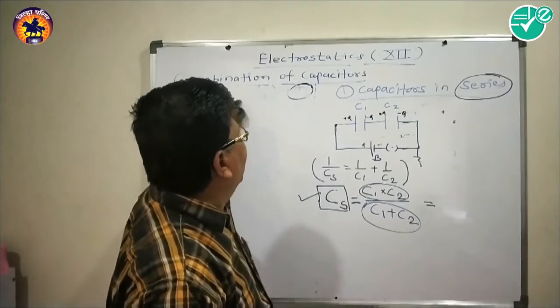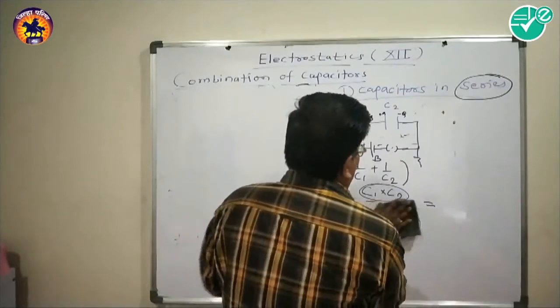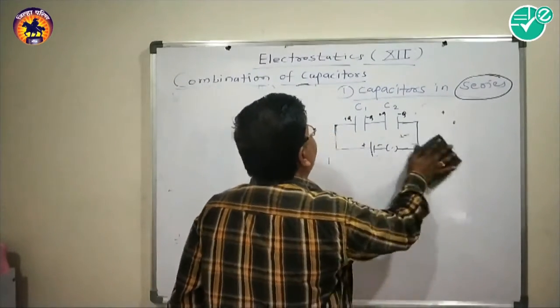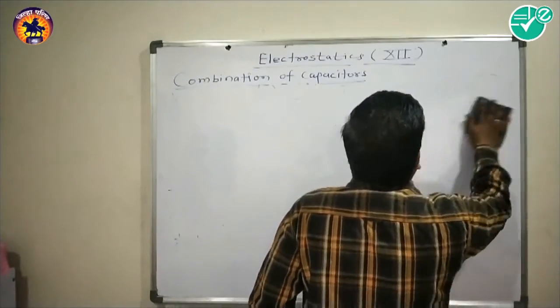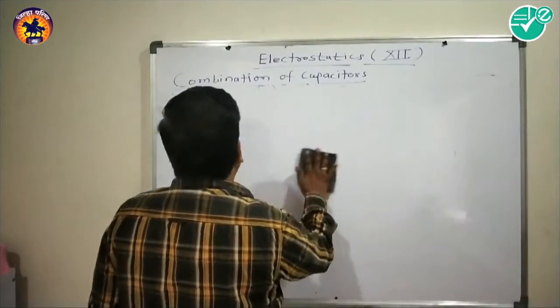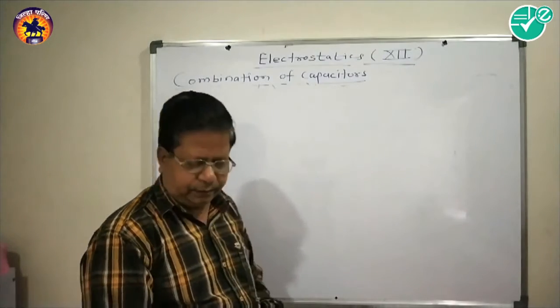So, when capacitors are connected in series, we have observed that the charge on each capacitor is the same, but the potential difference across each capacitor is different.